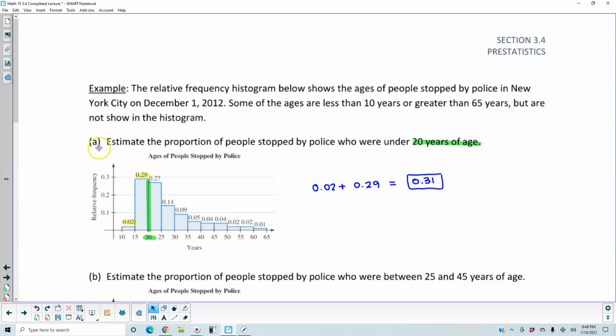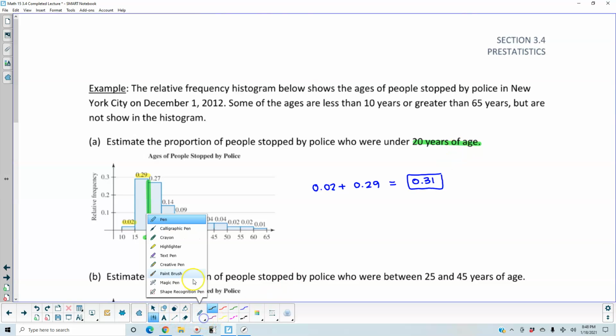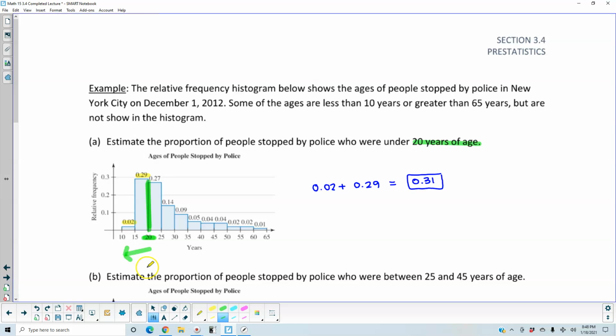The first part of the question here says, estimate the proportion of people stopped by police who were under 20 years of age. So if we take a look at the age of 20 here, everything under is to the left of that value.